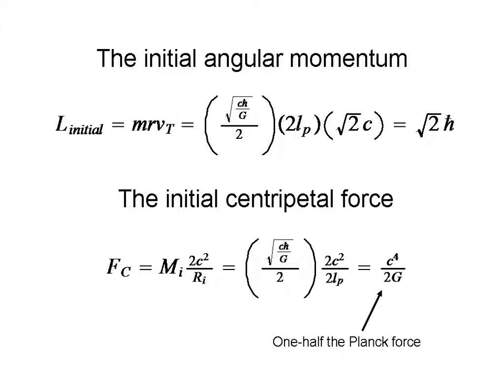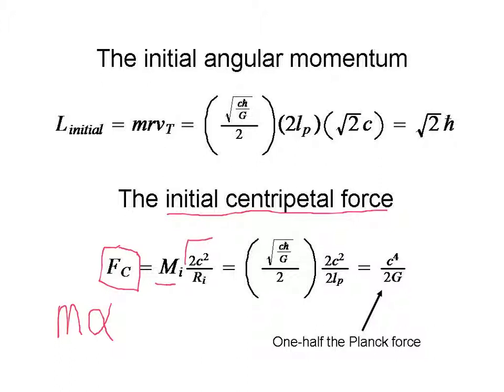Let's now look at the initial centripetal force. F sub c is our centripetal force, and it's equal to the product of the mass times the acceleration. So this is our initial mass.